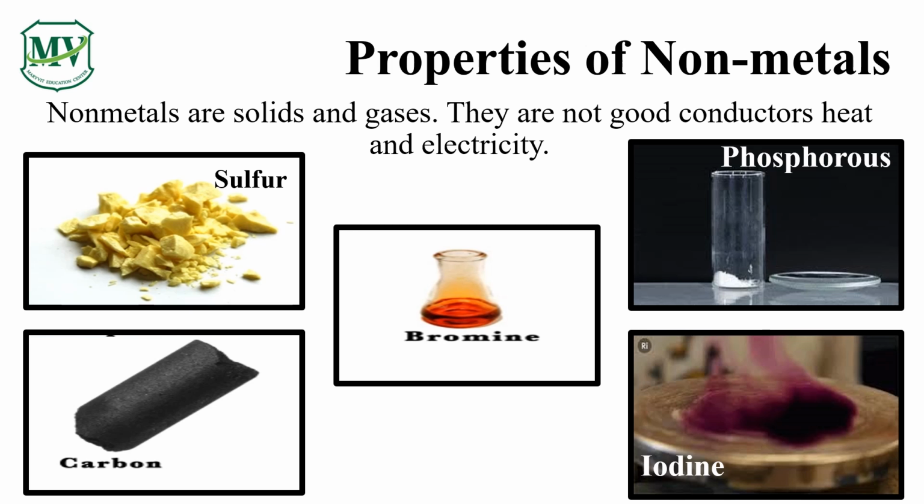What do you know about nonmetals? Do you still remember where you can find them in the periodic table? Exactly. Nonmetals are a minority on the periodic table, mostly located on the right hand side, except hydrogen, which is located on the upper left side.